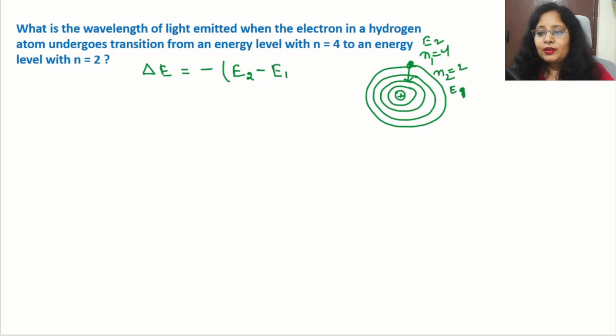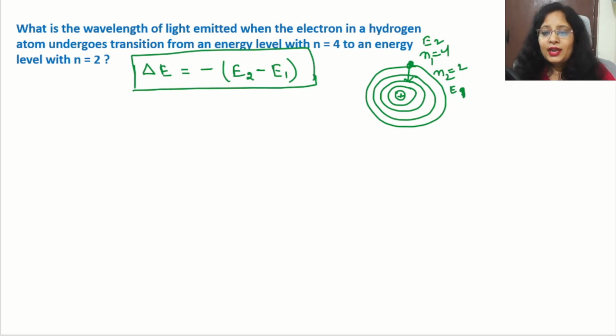This is the energy difference when the electron is coming from n is 4 to n is 2. Now this minus sign in this formula shows the energy is emitted.